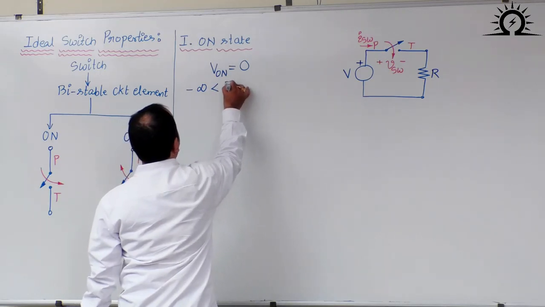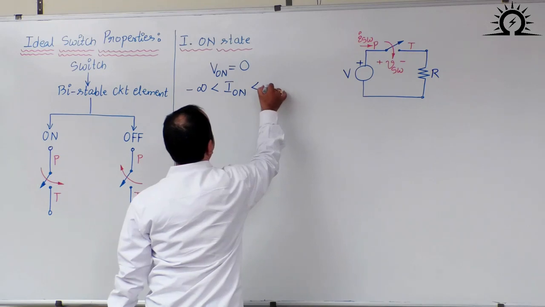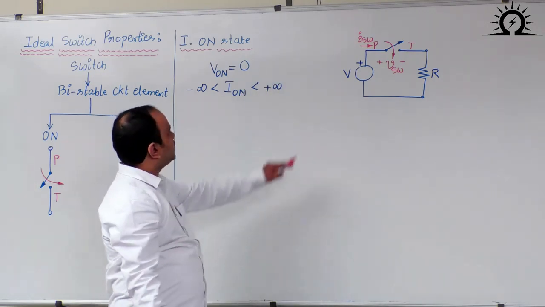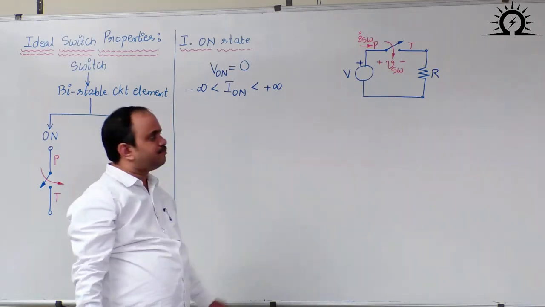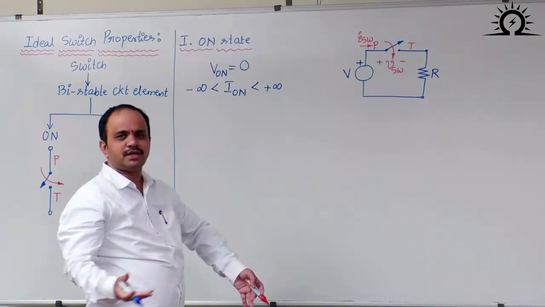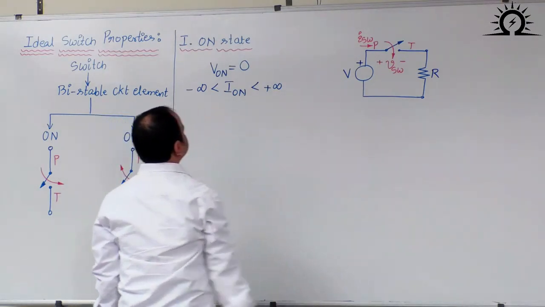We can write it like this: minus infinity to plus infinity. But for this particular circuit example, that is V by R. Infinity you cannot show practically, so you write the ideal statement like this.